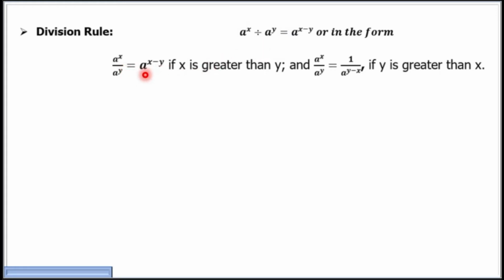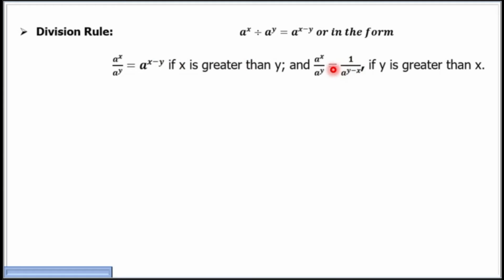So, here it is. A raised to the power of x minus y, parehas diri as gibuhat nato, if x is greater than y. And if y is greater than x, mao ni mahitabo. A raised to the power of x over a raised to the power of y is equal to 1 over a raised to the power of y minus x. So diri kani first nga theorem, a raised to the power of x minus y, kana if mas dako ang value ni x kaysa ni y.